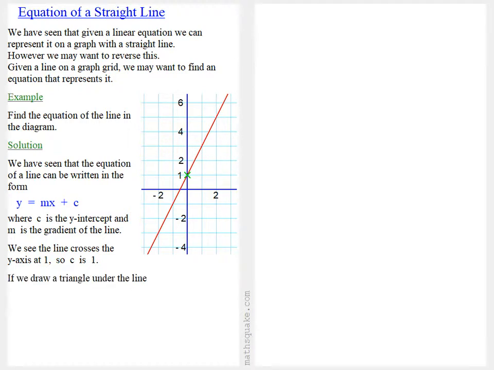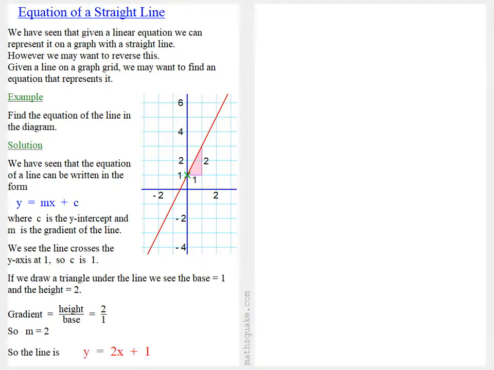Now if we draw a triangle under the line, we see that the base is 1 and the height is 2. Now we know the gradient is the height over the base, which is 2 over 1, or 2. So m equals 2. So if we substitute m as 2 and c as 1, we get the line is y equals 2x plus 1.